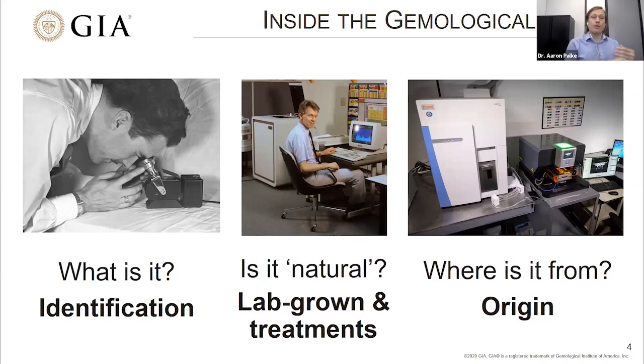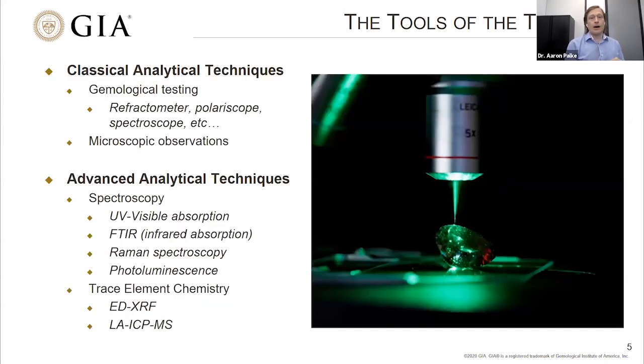So the analytical techniques you would have used to look at these same questions, what is it? Is it natural? Where is it from? They've been guided by this whole evolution and complexity of the gem trade and the evolution of the complexity of the analytical techniques we have to throw at these questions.